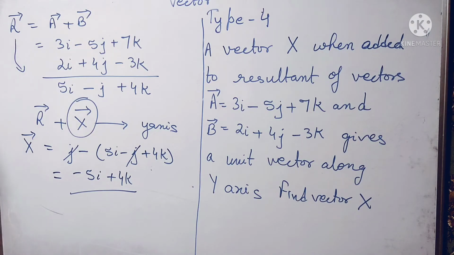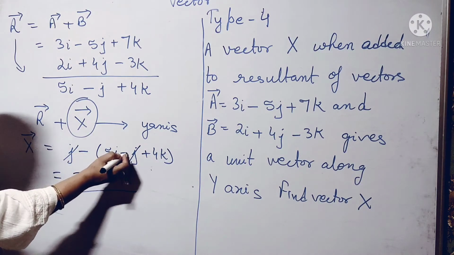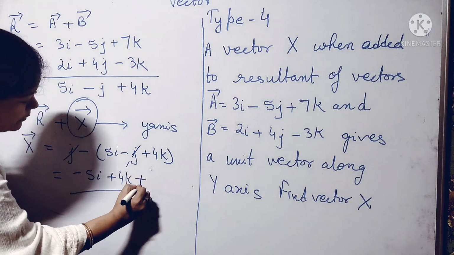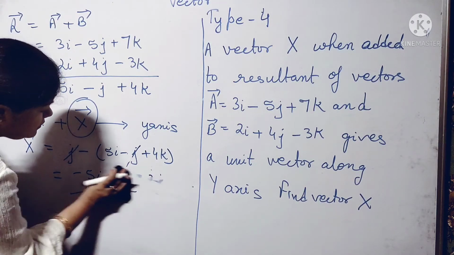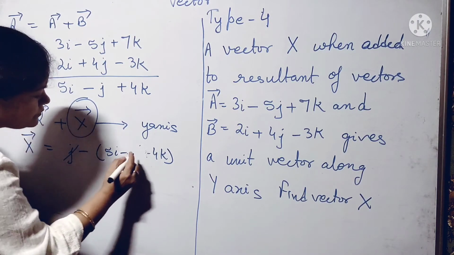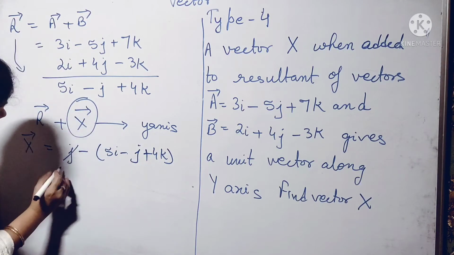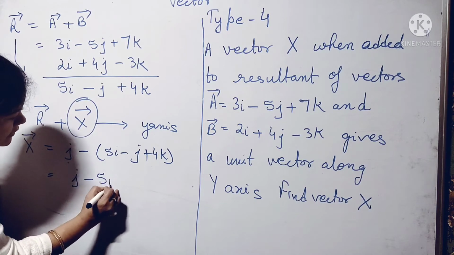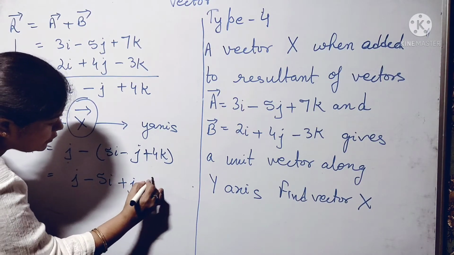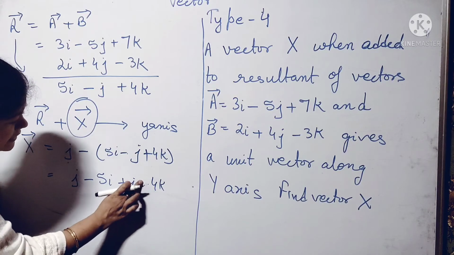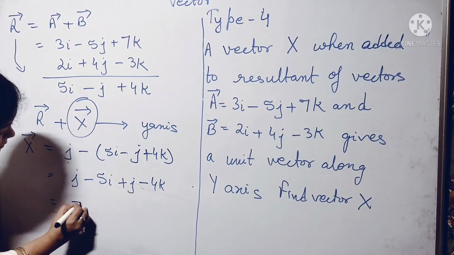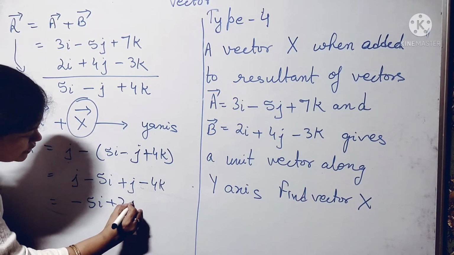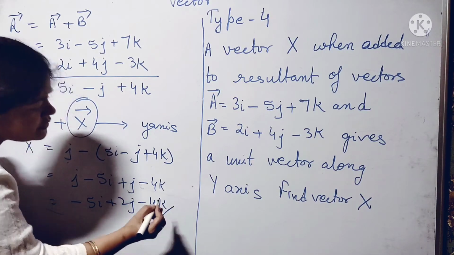Sorry, this is minus minus plus, so plus 2j. This is minus j plus 4k. That is minus 4k. So we get minus 5i plus 2j minus 4k. This is the proper answer.